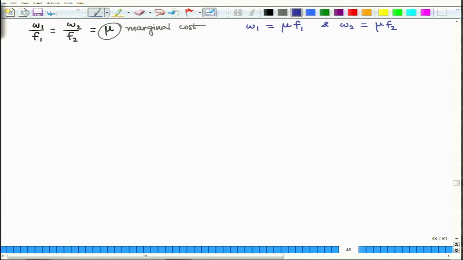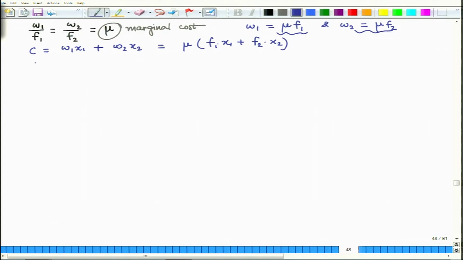Okay. So now let us go back to our cost expression, which is W1 x1 plus W2 x2, and basically if I now insert these findings in the cost equation, we get an expression like this. Okay.